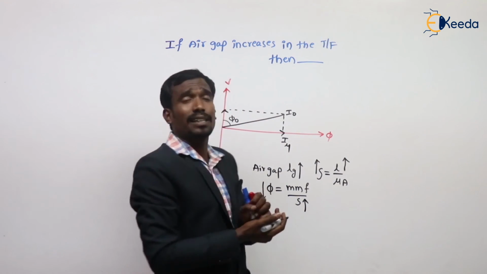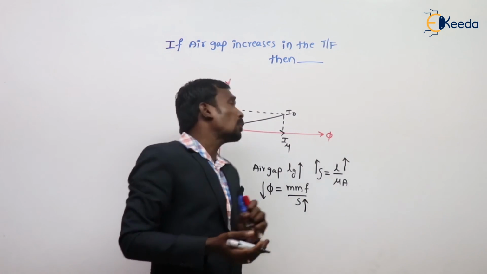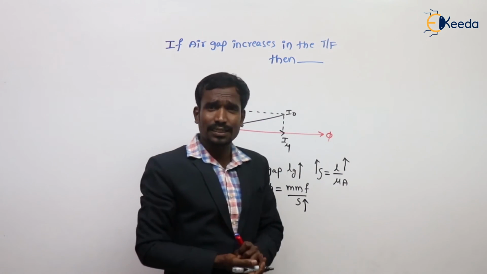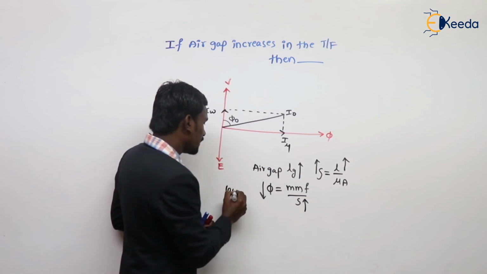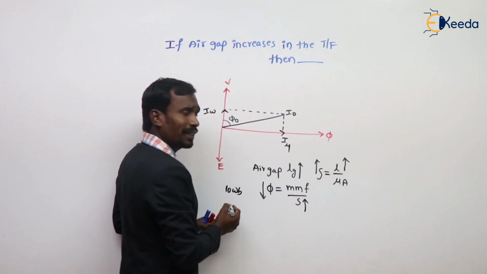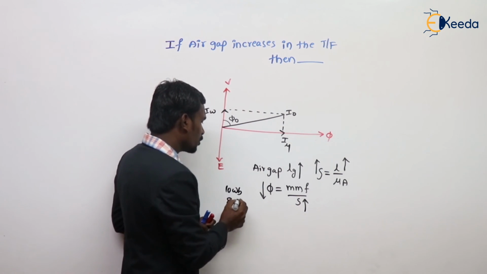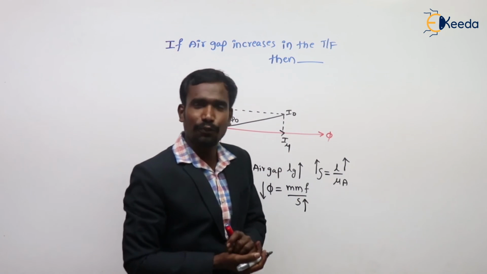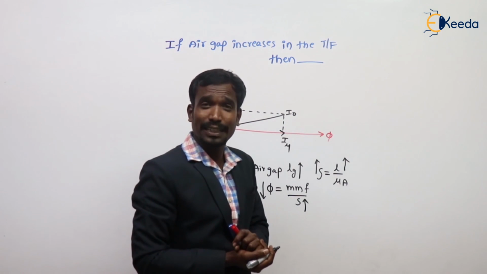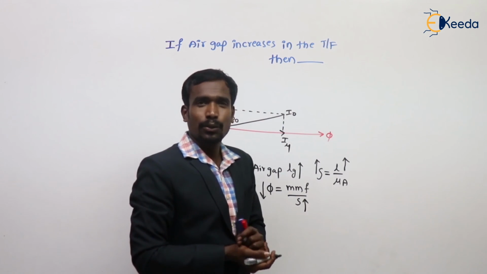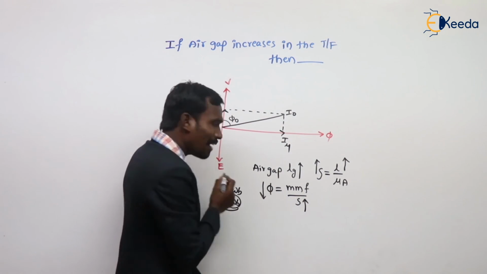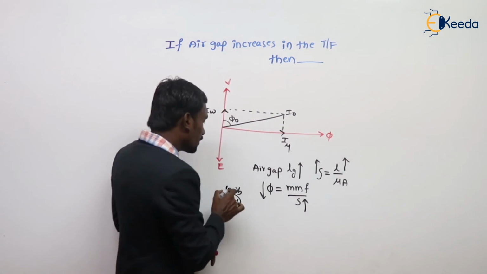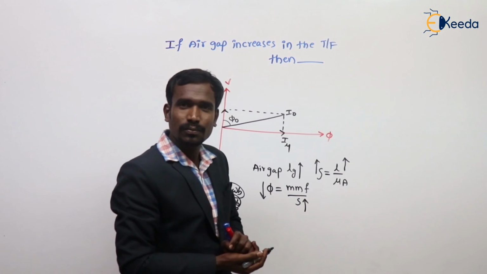Actually, 10 Webers is there. Due to the air gap increase, the flux reduced to 8 Webers. This is not enough. Transformer says to the supply, I have 8 Webers, but I want 10 Webers of flux.